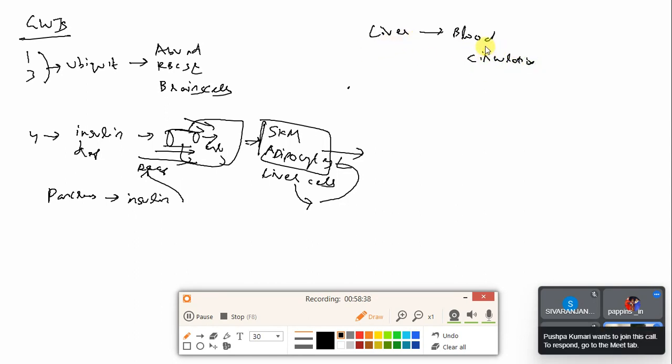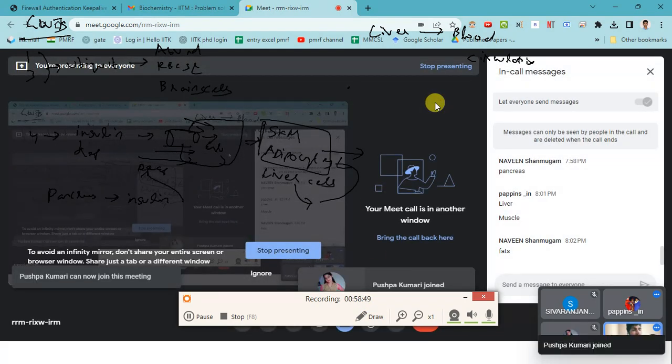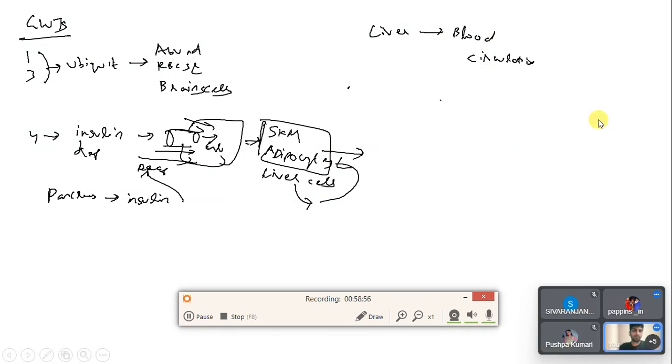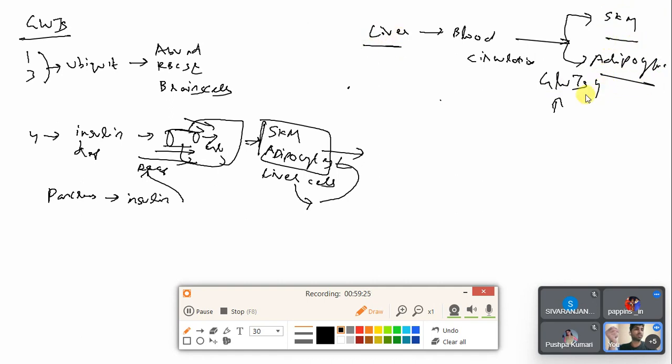Whatever glucose is released by the liver goes into blood circulation, and from there it goes into different cells, and that's where GLUTs come in, mostly GLUT4 in skeletal muscle and adipocytes. It's a major site of storage. Only when it's released from the liver does it go here. So these are the major sites of storage of glucose when there is an abundance of glucose in your body.